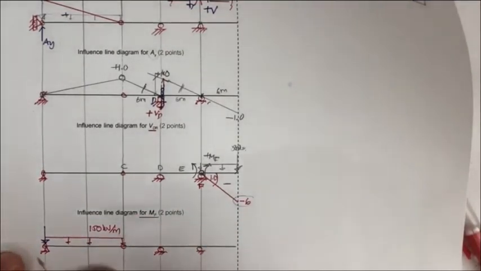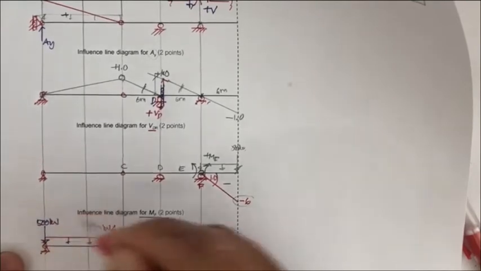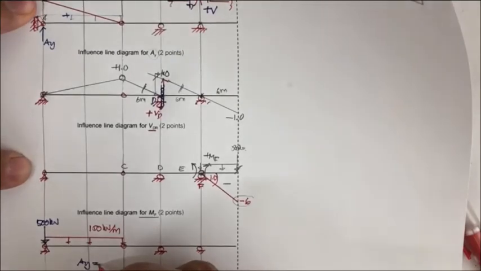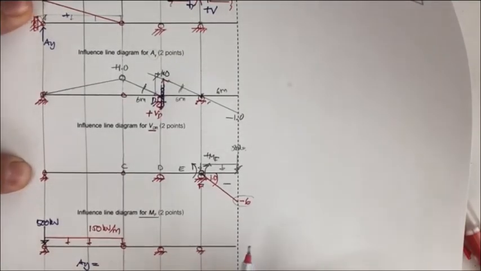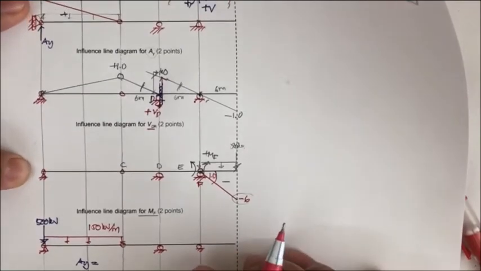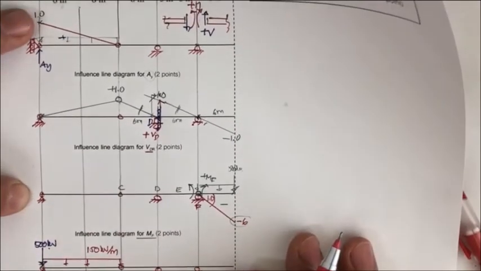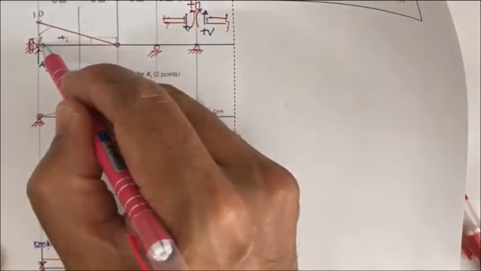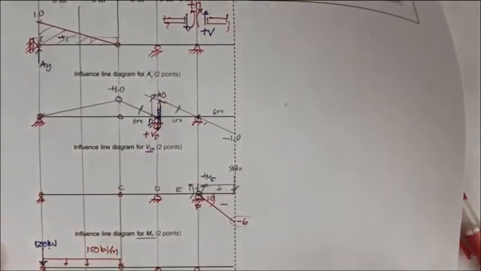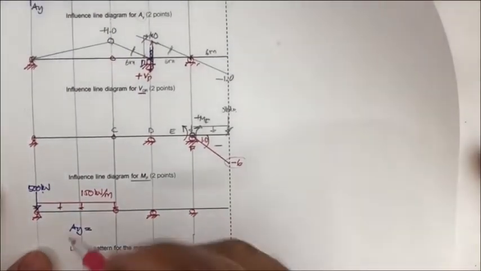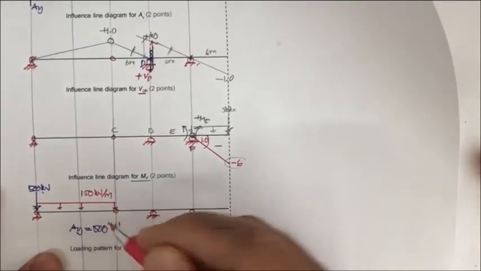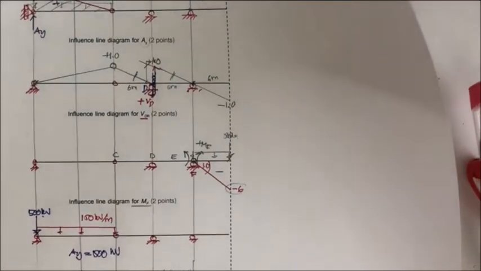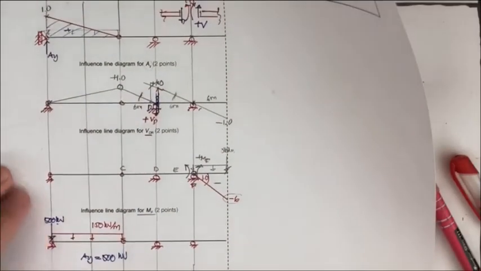And what we have, we are determining the A sub y. The A sub y is going to be 500 times 1. This 500 is going to be multiplied by this coordinate 1. And 150 is going to be multiplied by the area here. So we have 500 kilonewton, and it's going to be times 1 here.